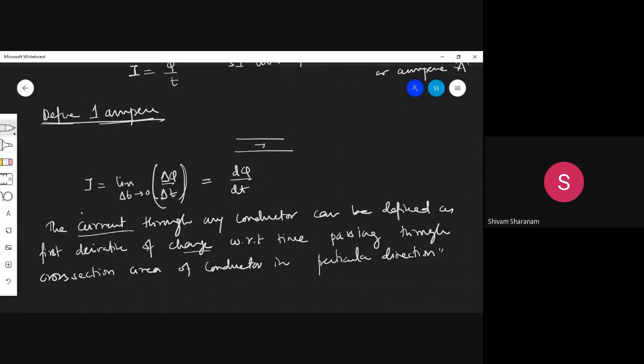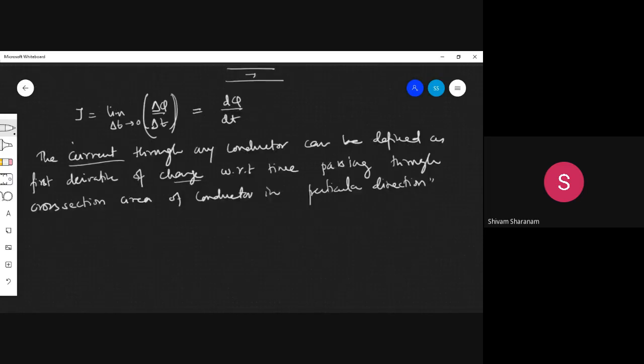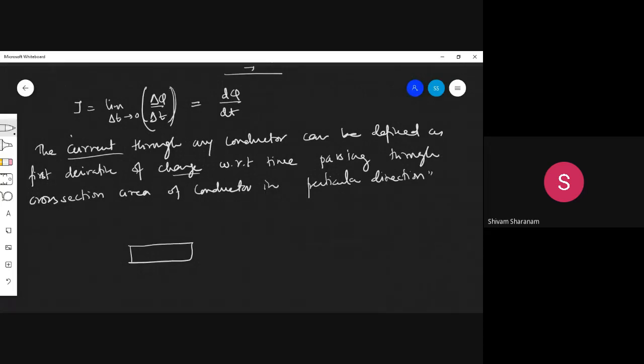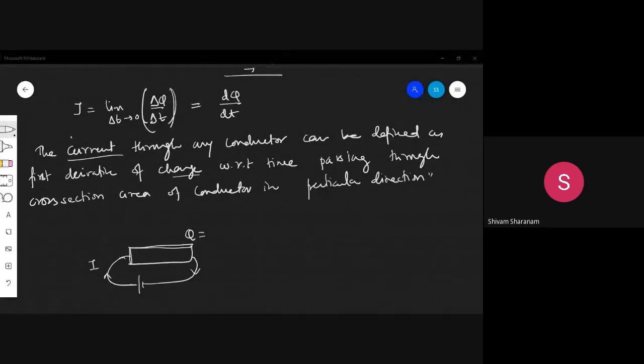So this is current. Tell me, charge is needed for the flow of current, right? Then tell me, if you connected a conductor through a battery and current I is flowing through it, how much charge will be there in the conductor?